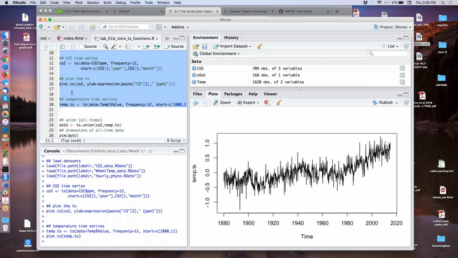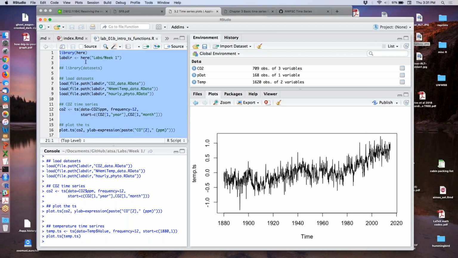So what I've been using a lot is the here package for R, which is pretty slick. You can just Google it. Basically it allows you to preserve a directory structure within a root directory. So you have some folder embedded way deep here, and you can make all this anything you want, and it will work on anyone's computer, no matter where they put it. Anyway, I forgot to run that at the beginning there.